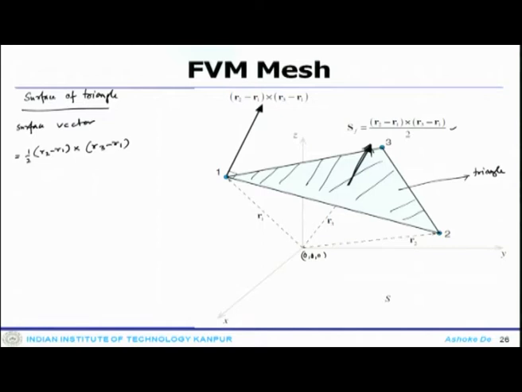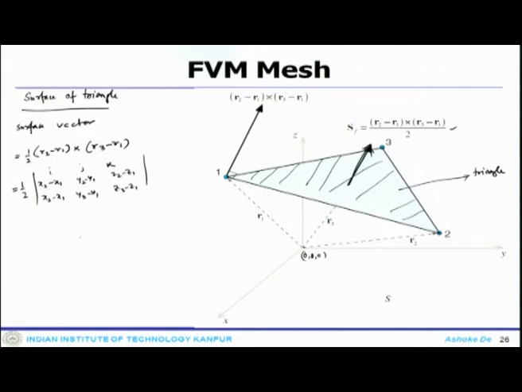and this is how you calculate the surface vector. And if I write that down in matrix form, this is nothing but x2 minus x1, x3 minus x1, y2 minus y1, y3 minus y1, z2 minus z1, z3 minus z1.